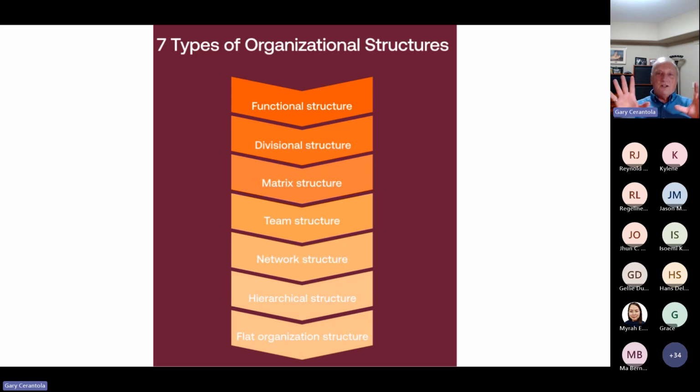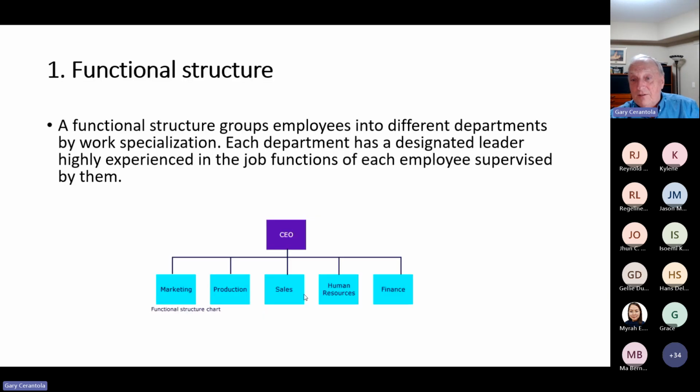And then divisional structures, which could be geography driven, or product line driven, or different packages of services. The matrix organization I talked about, team structure I talked about, the network structure is a structure that you need to really be thinking about, and then the hierarchical structure and the flat organization.